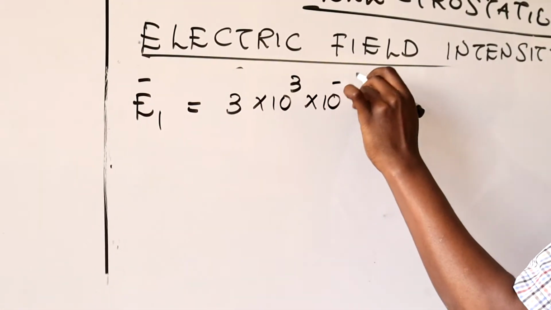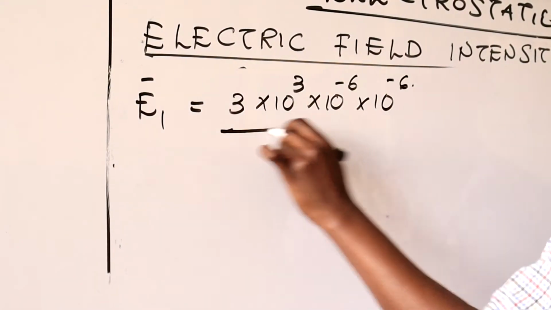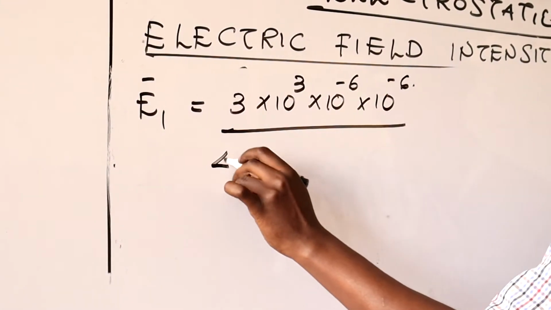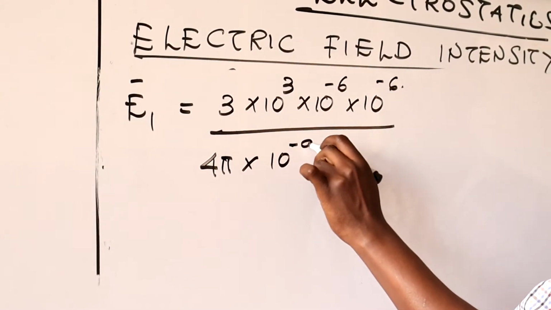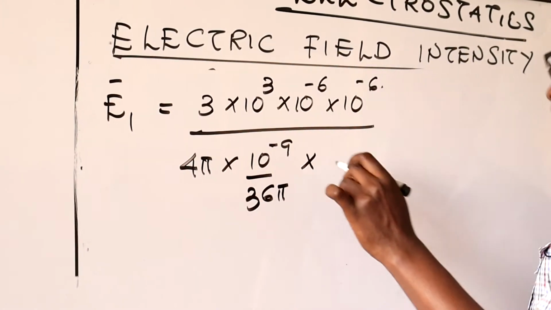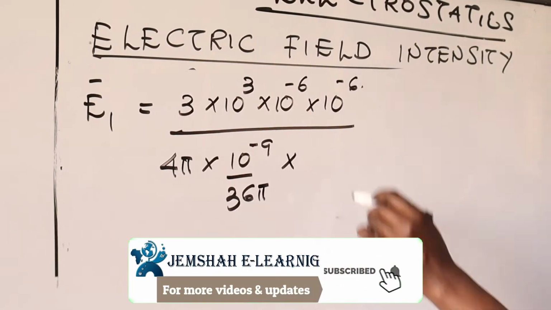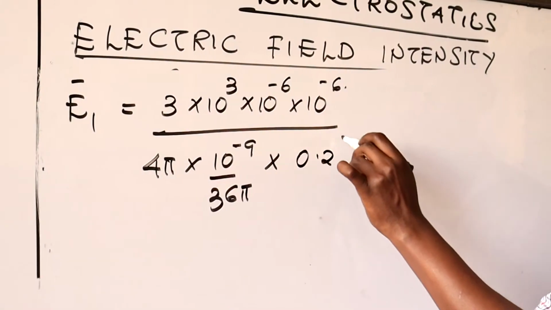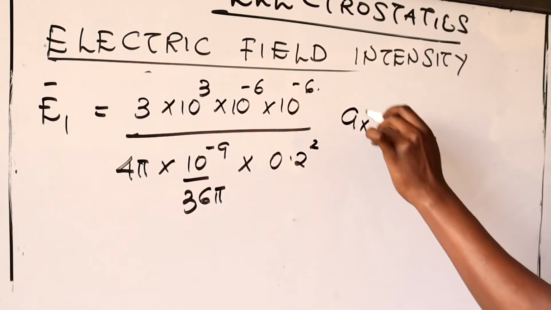Micro means 10 to power negative 6, all over 4 pi epsilon, which is 10 to power negative 9 over 36 pi, times r squared, and my r squared there is 0.2 squared. The unit vector is AX bar.